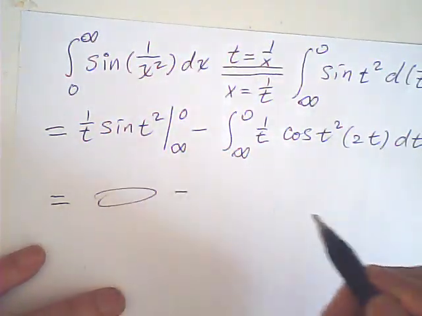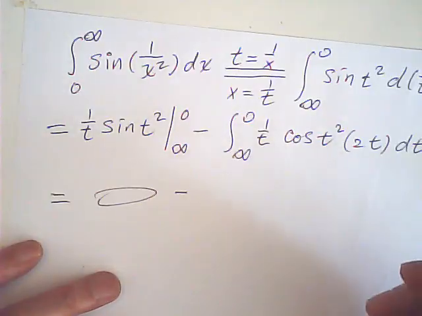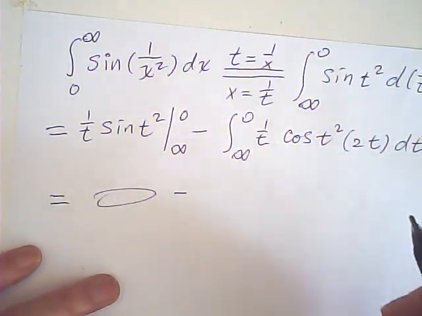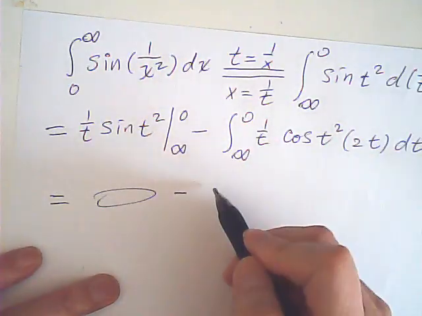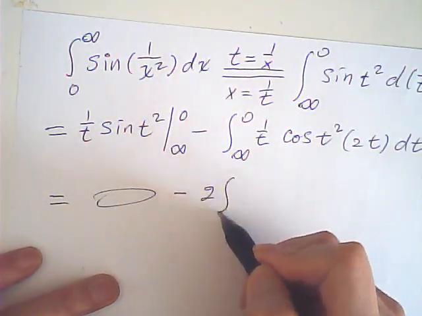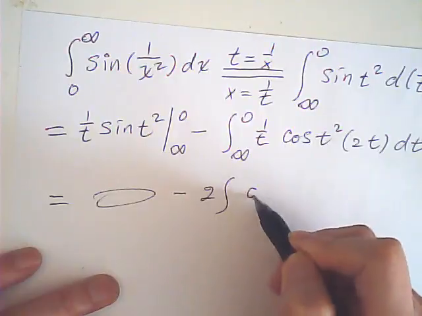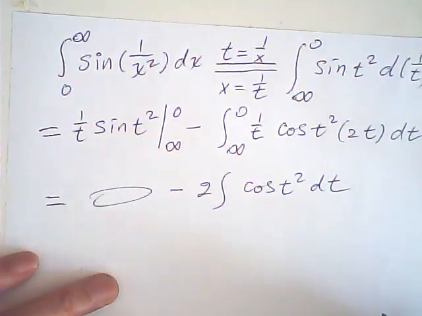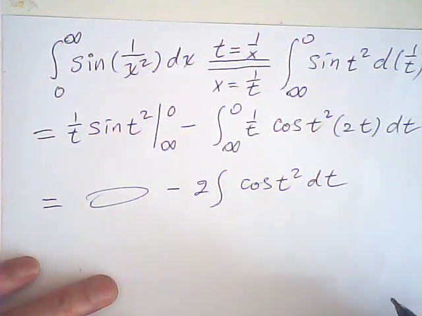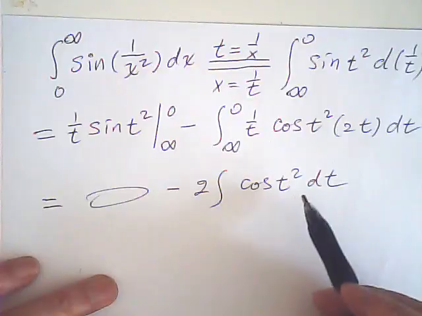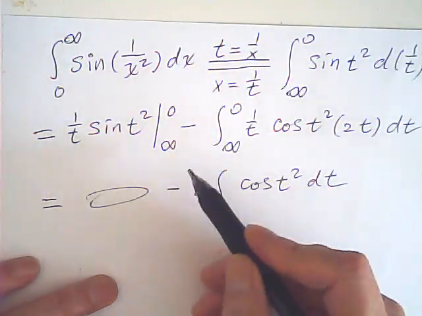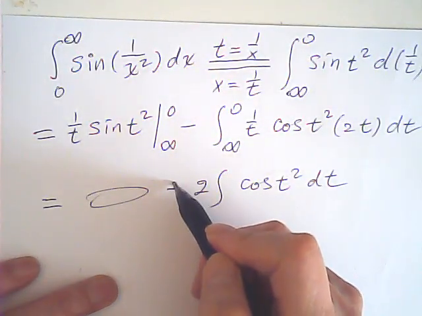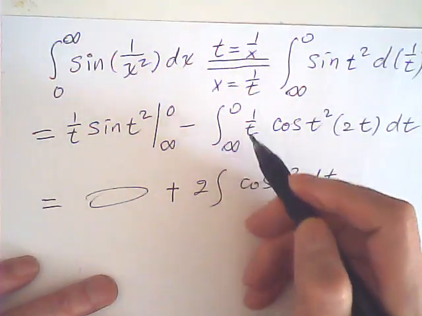And minus 2. T cancels out, right? 2, and cosine t squared dt. Correct? Yes. Now, I change the minus to plus, and then I switch the order, right?